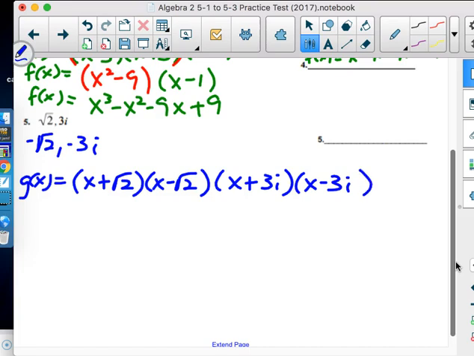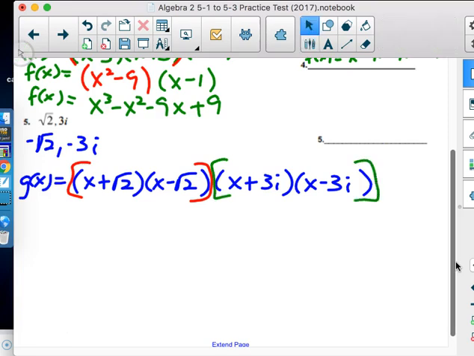Can you give me any tips on the grouping that might make this go faster? Yeah, put the ones that are, I guess you'd say, kind of alike together first. So put these two together and these two together.